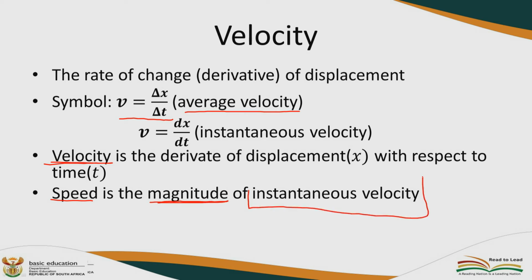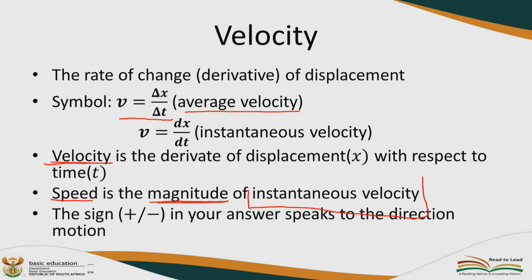All right, so now you will see, once you are doing these questions, that the answer of the velocity will either have a plus or a minus sign. Now you need to know that that plus or minus sign speaks to the direction of motion.